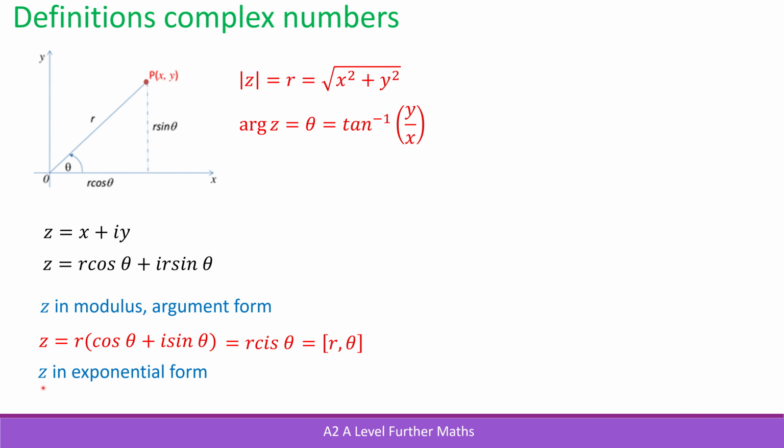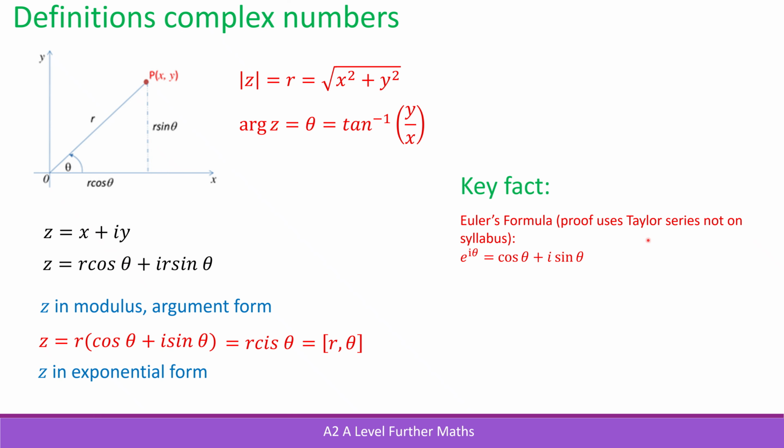Now we can also write z in exponential form. You need to remember Euler's formula. There is a proof of this using Taylor's series, but that is not on the syllabus, so I'm just going to tell you that Euler's formula is e to the i theta is equal to cos theta plus i sine theta. You'll be expected to use Euler's formula. In here I've got a cos theta plus an i sine theta, so instead of writing this section, I can write z is equal to r e to the i theta.